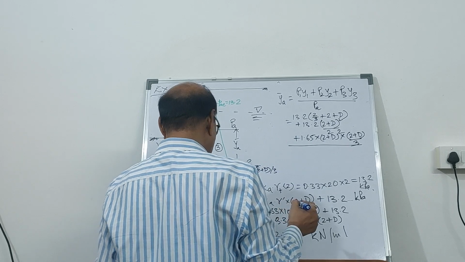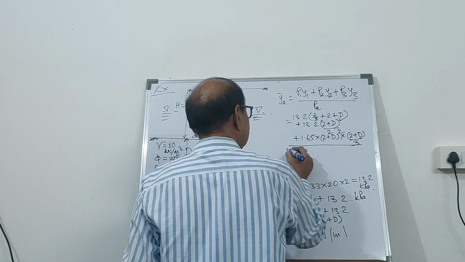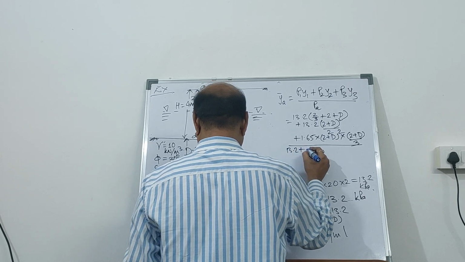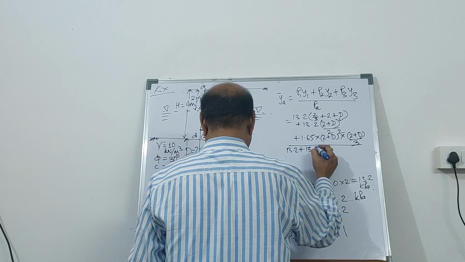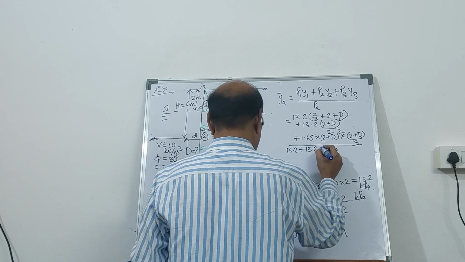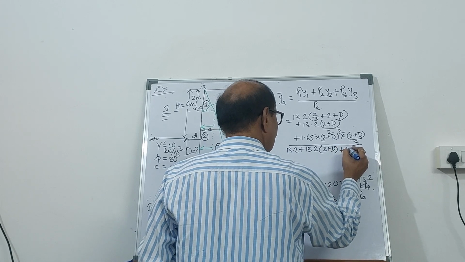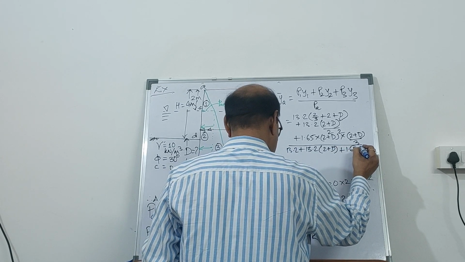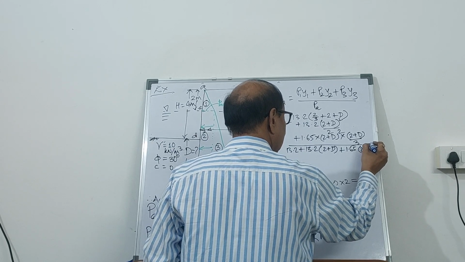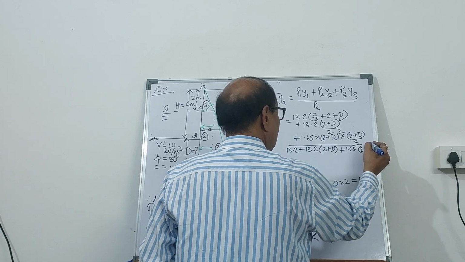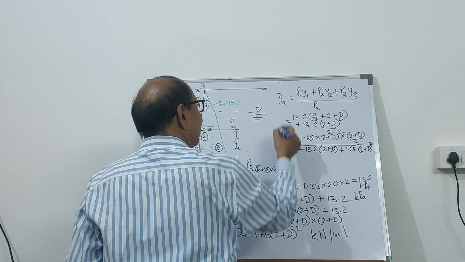So PA is this quantity: 13.2 plus 13.2 into 2 plus D plus 1.65 into 2 plus D whole square. So this becomes YA bar.